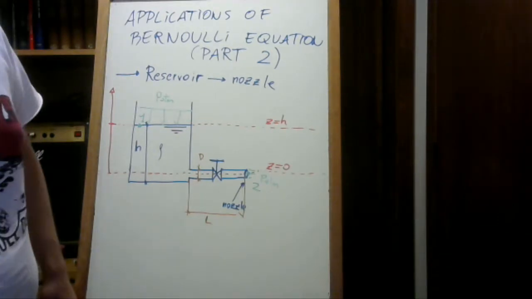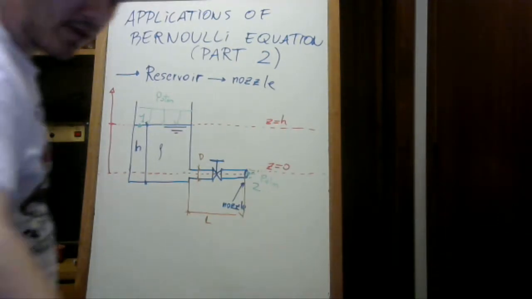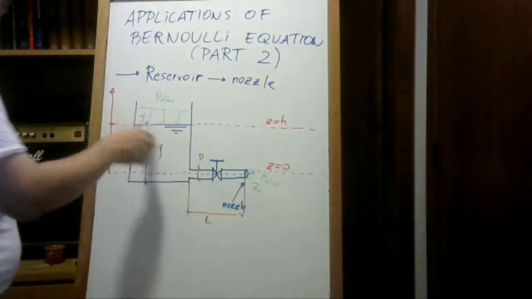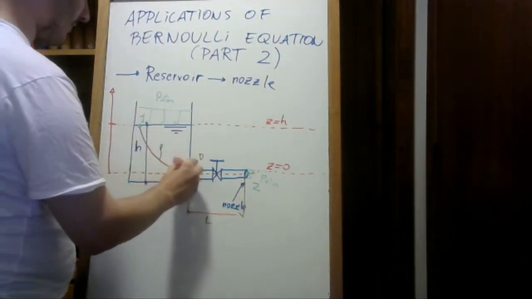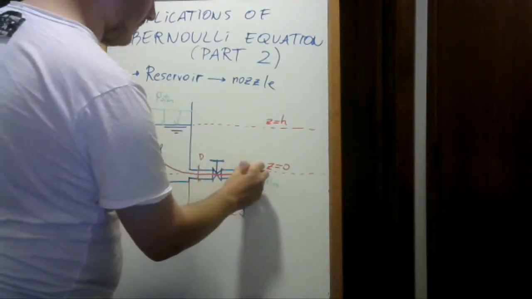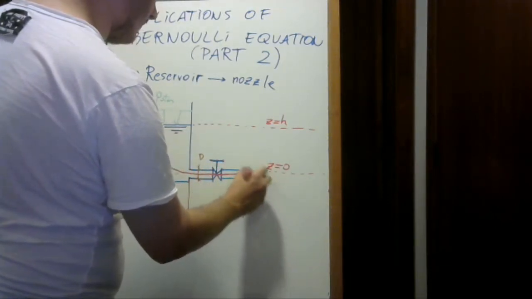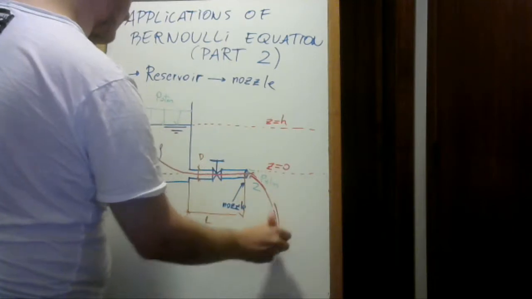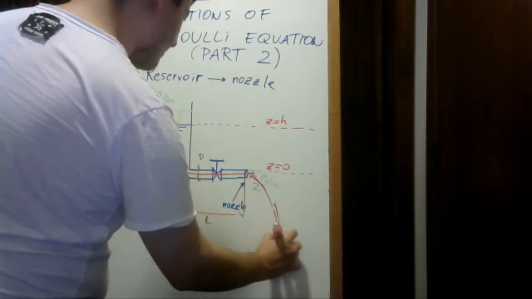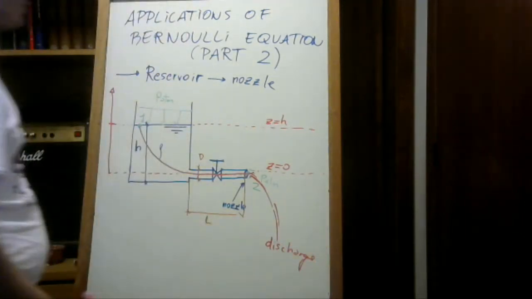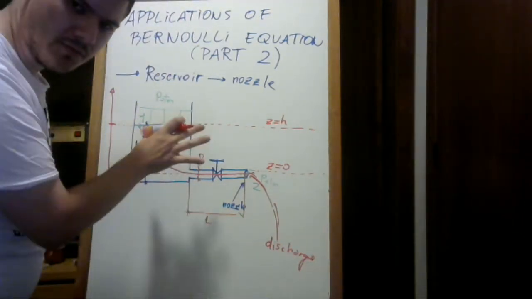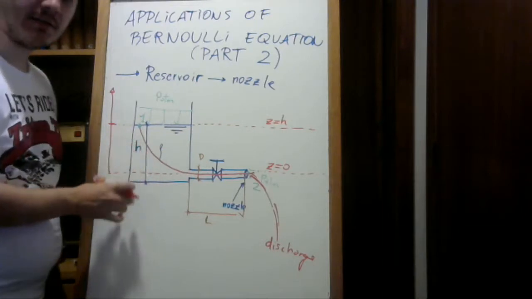So a streamline from 1 to 2 is going to look something like this, right? And here we have the discharge of fluid, and the reservoir is going to decrease in height.